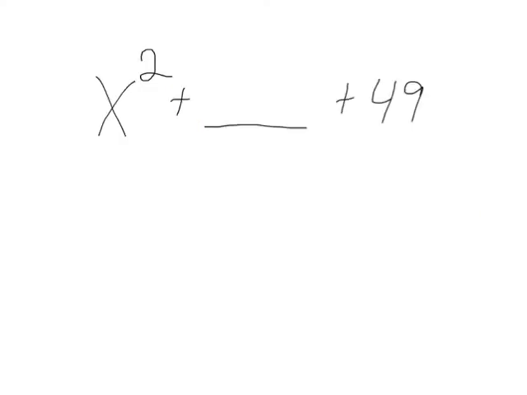So now it's your turn to kind of analyze this. Look at the problem that I have here. The first term is obviously a perfect square, and the third term is obviously a perfect square. What we need to do is figure out what value should go here that would make this a perfect square trinomial. Pause the video for a second to determine what value you would put there.